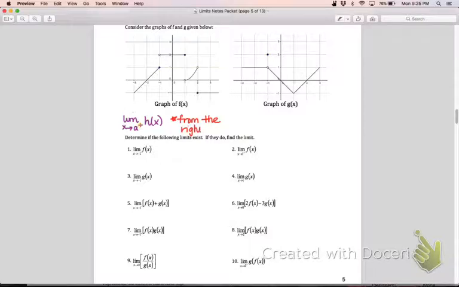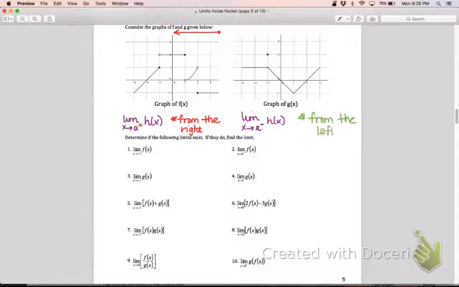So that would mean start on the positive side of the graph and walk towards whatever value. From the right would be starting over here and moving across the graph this way, okay? If it has a little minus, so let's say the limit as x approaches a with a minus up here of h of x, that would mean from the left.